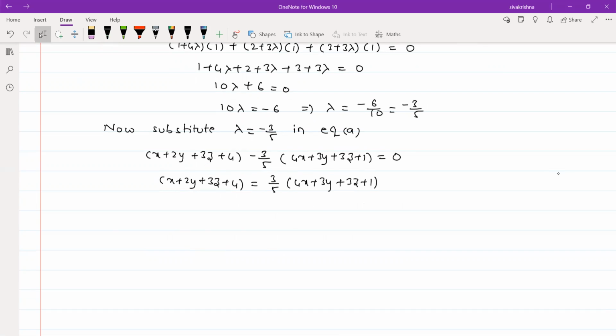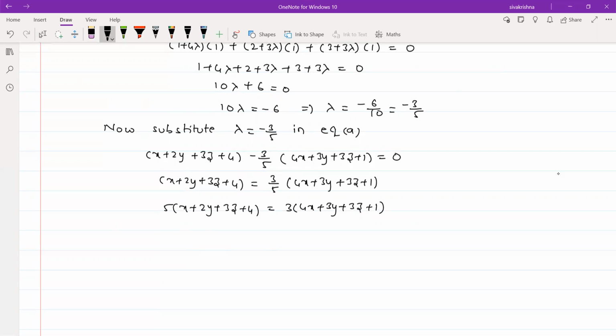Cross multiplying with 5, we get 5 into x plus 2y plus 3z plus 4 equals 3 into 4x plus 3y plus 3z plus 1.